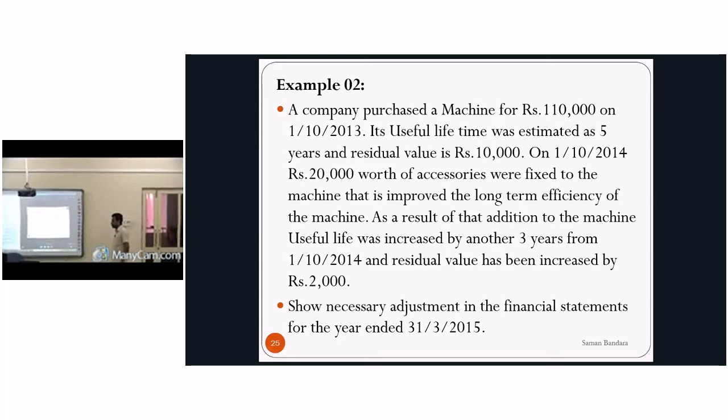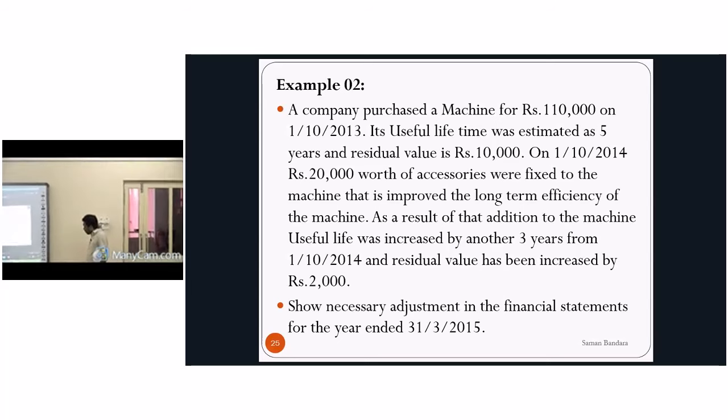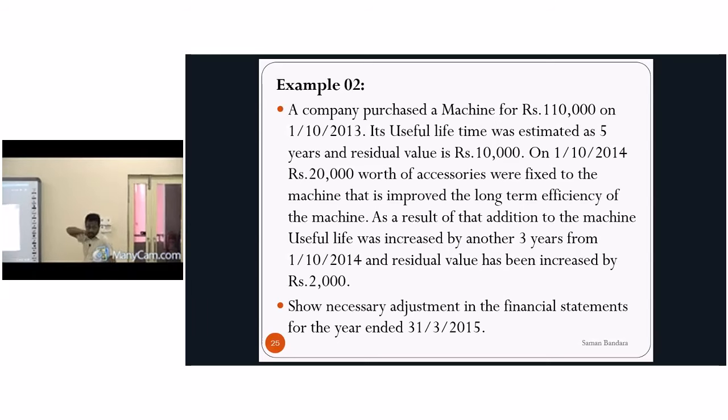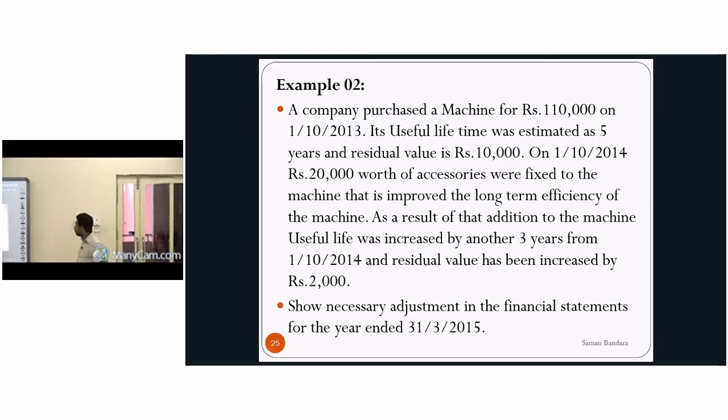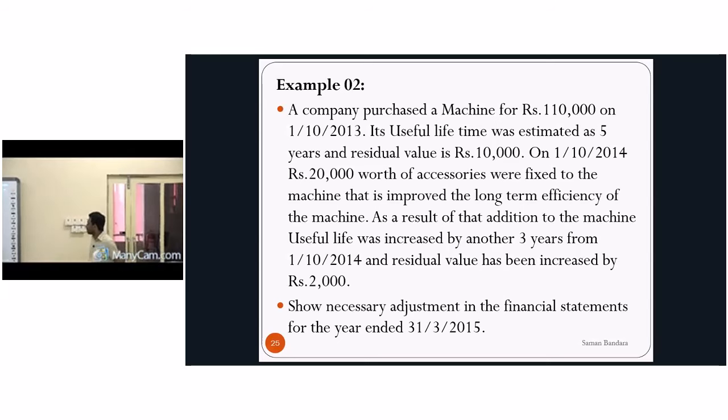On 1st October 2014, exactly after 1 year, 20,000 worth of accessories are fixed to the machine, which include long-term efficiency of the machine. It means we have to recognize it as part of cost. As a result of that addition to the machine, useful lifetime has been increased by another 3 years from 1/10/2014 and residual value has been increased by 2,000 accordingly.